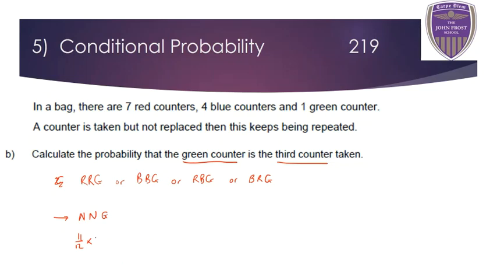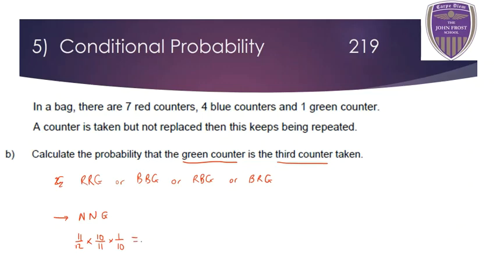So when you pick the second counter, you don't want a green. So there'll be 10 counters that won't be green in the bag out of the 11 that are left. So now in the bag, you've got 10 counters left, of which 1 is green. So the 1 green counter is in the bag, and the chances of choosing that is 1 out of 10, because there's 10 counters left in the bag.